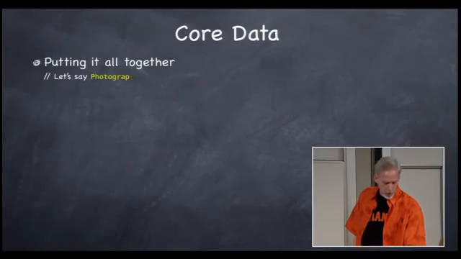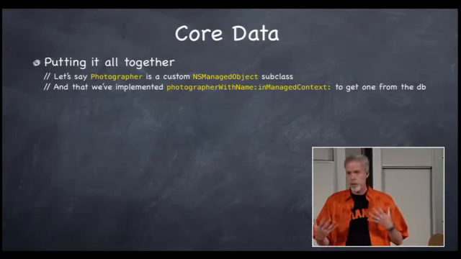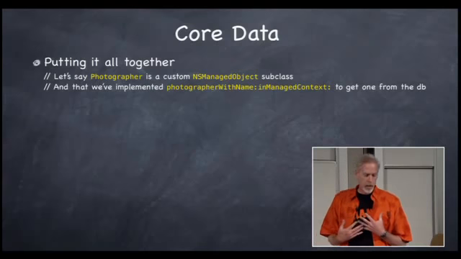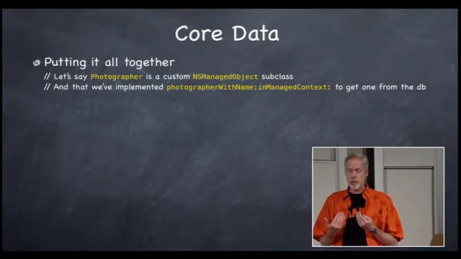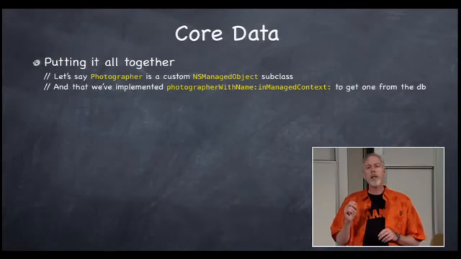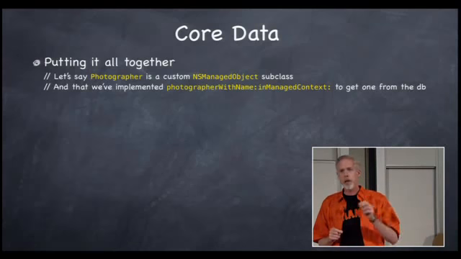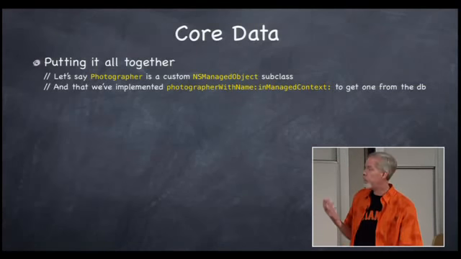All right, so let's put all this stuff together. Let's say we have Photographer, an NSManagedObject subclass, and that we've implemented a method in our custom subclass called photographerWithName:inManagedObjectContext:. It's very common to implement a method like that in your custom NSManagedObject subclass. And what does that method do?